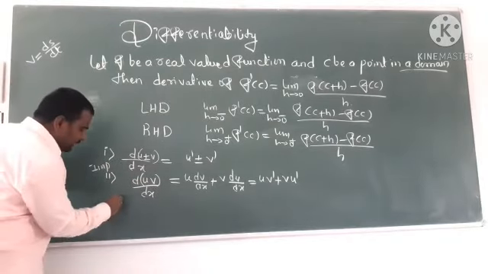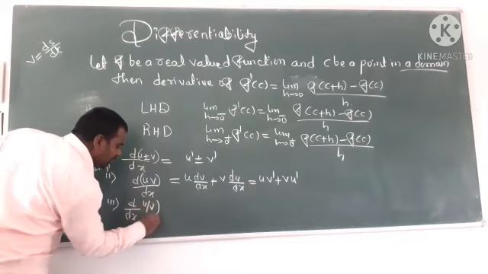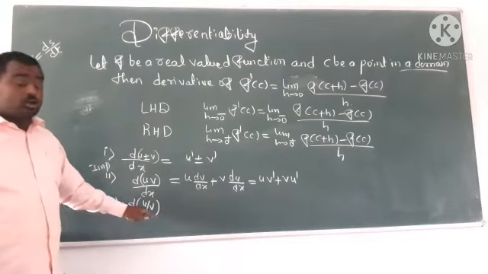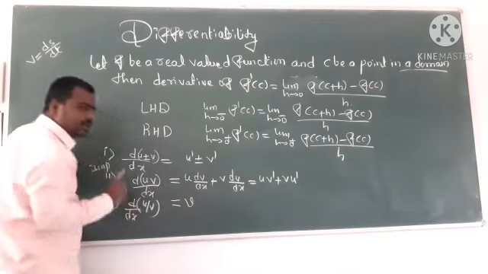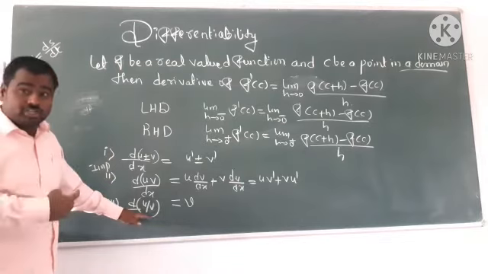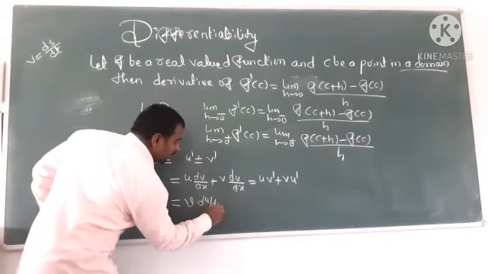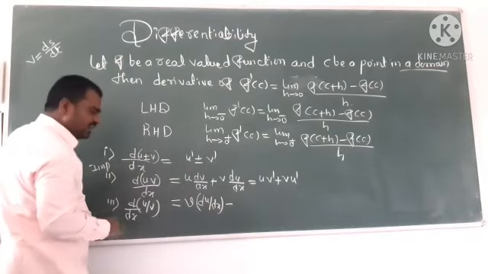So third one, differentiation of u by v with respect to x, the quotient rule. In this one, keep v first, right? Keep in your mind, when quotient is there, v first, differentiation of u by dx, minus, right?